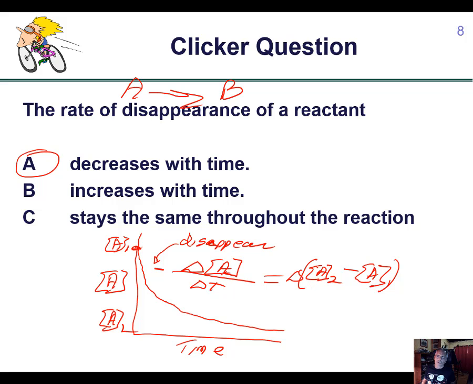And so this is a smaller number minus a larger number. That gives us a negative number. And because we say reactants disappear, we wind up with a negative times a negative, which gives us a positive value. And remember that you always report reaction rates as positive.